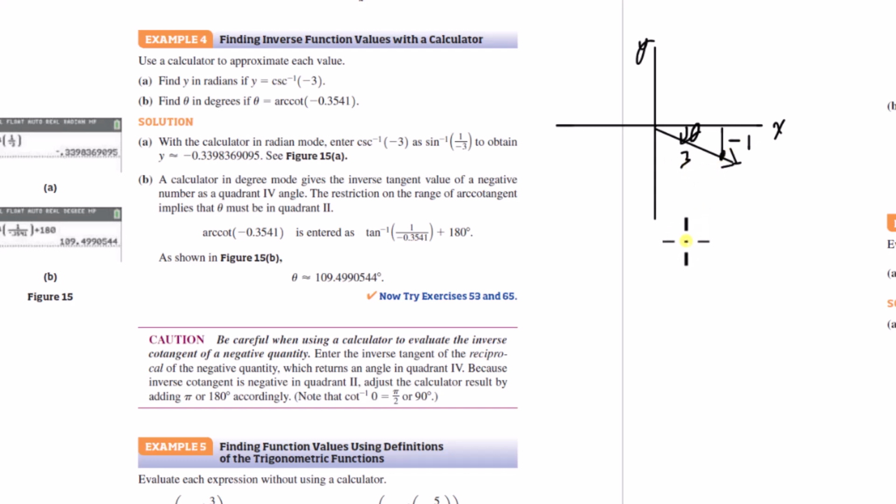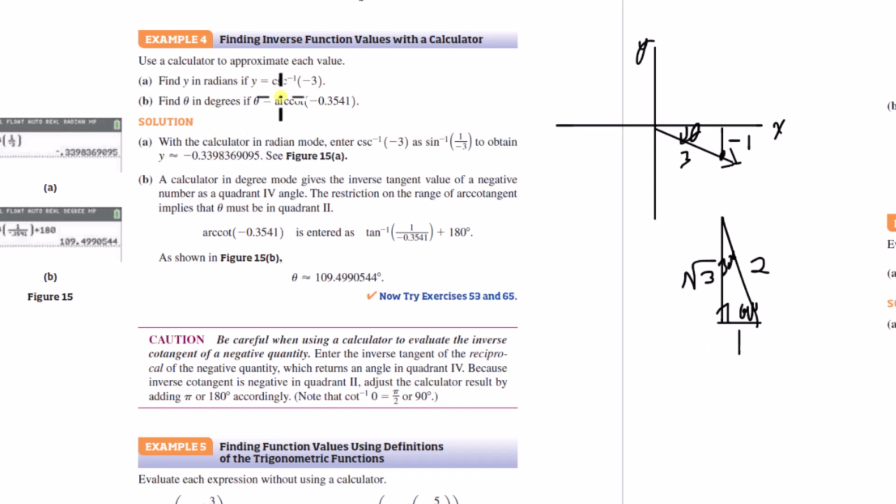But what is that angle? The issue is we don't have a reference triangle that will tell us. If it was cosecant of minus 2, we'd have 1, root 3, 2, and cosecant of minus 30 degrees is minus 2.